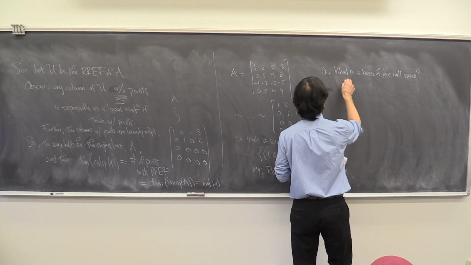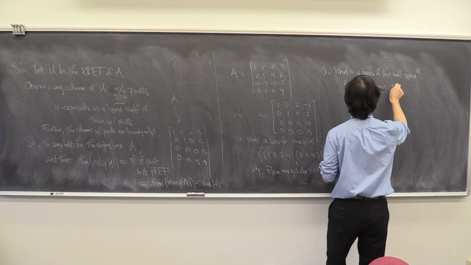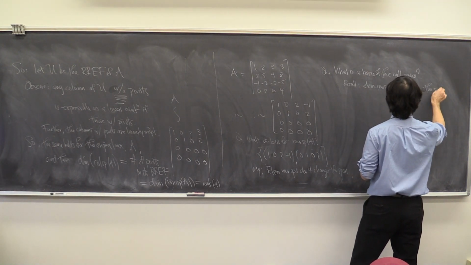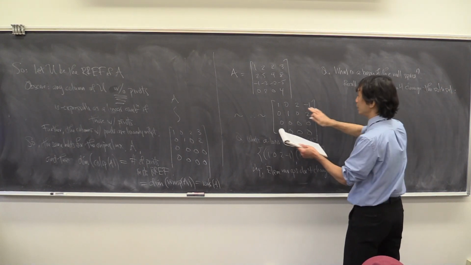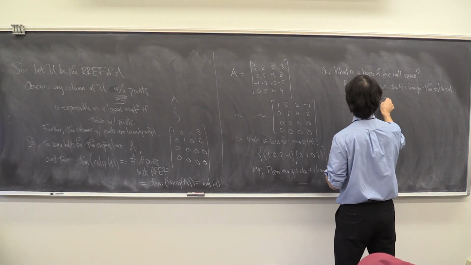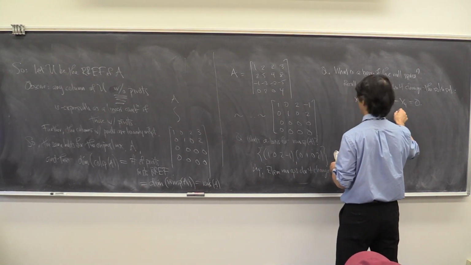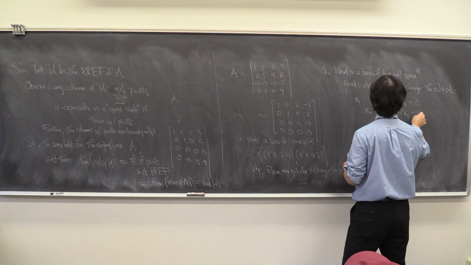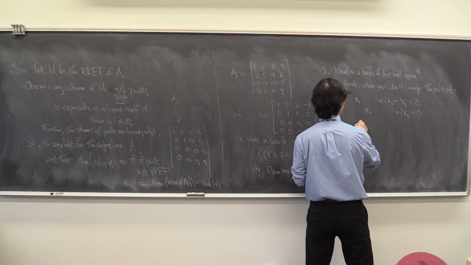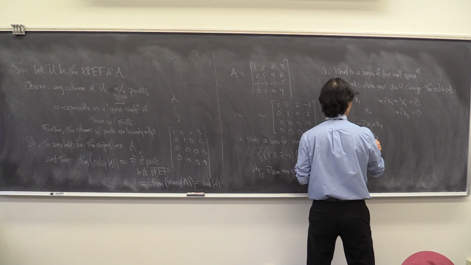So recall, elementary row operations don't change the solution set. So we just solve it for this one. This says x1 plus 2x3 minus x4 equals 0, and x2 plus 2x4 equals 0, and that tells us the solution must look like (-2x3 plus x4, -2x4, x3, x4).